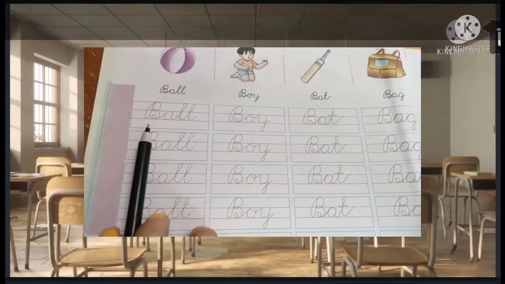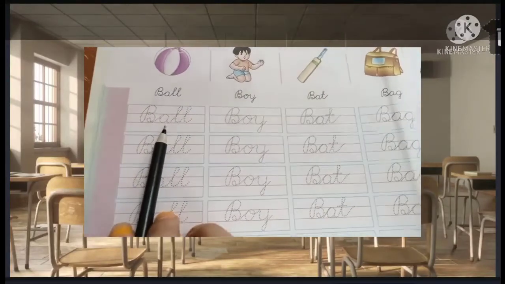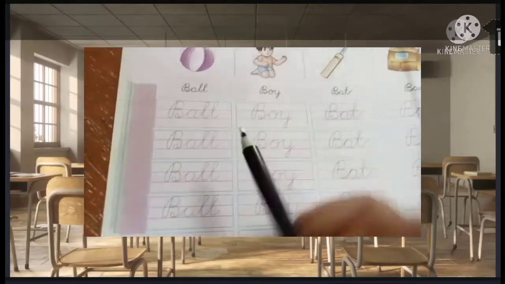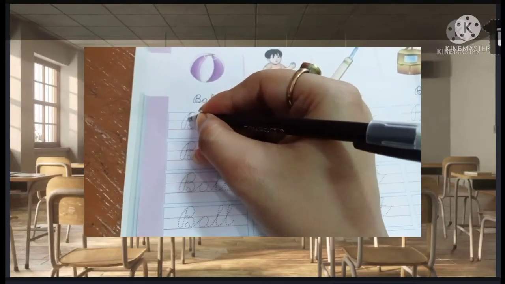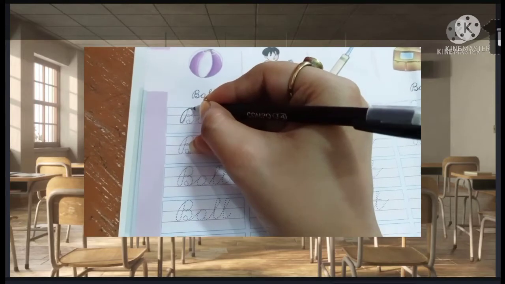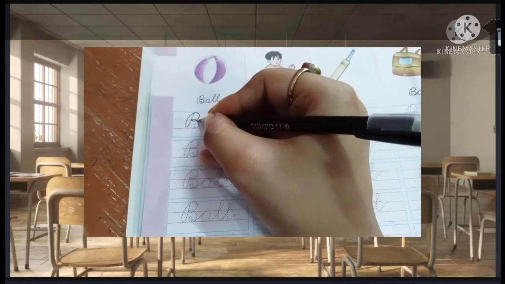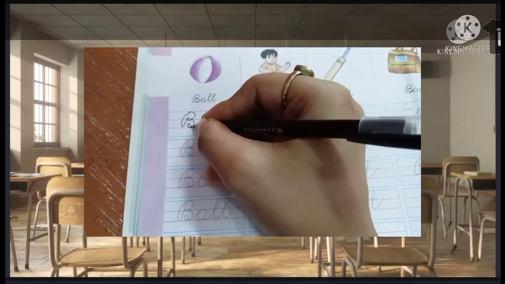Okay? So how do we write this? See, we start with capital letter. Then we move to small letters. Now let's start tracing the letters. So B, you start from here, take it from the top and make one half circle, take a twist and again a small twist.